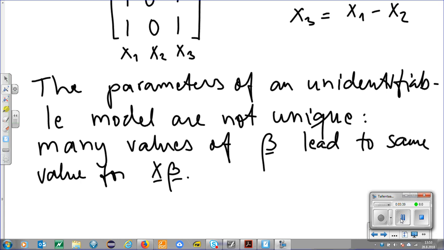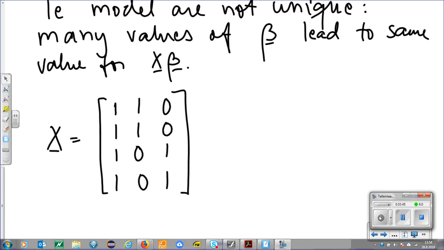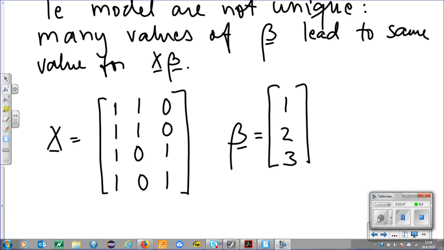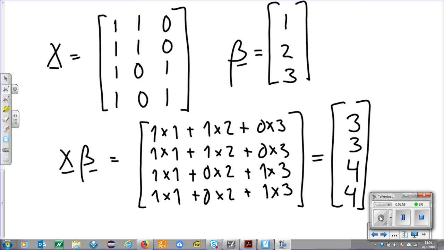Again, let us take an example, following example 2 above. We rewrite matrix X here, and if the regression coefficients get values 1, 2, and 3, then xb becomes, when we compute it, the vector 3, 3, 4, 4.